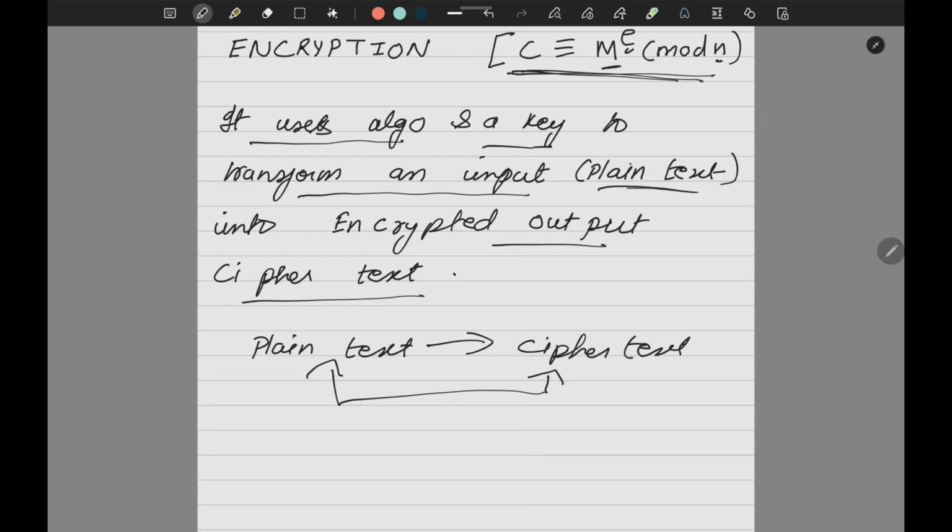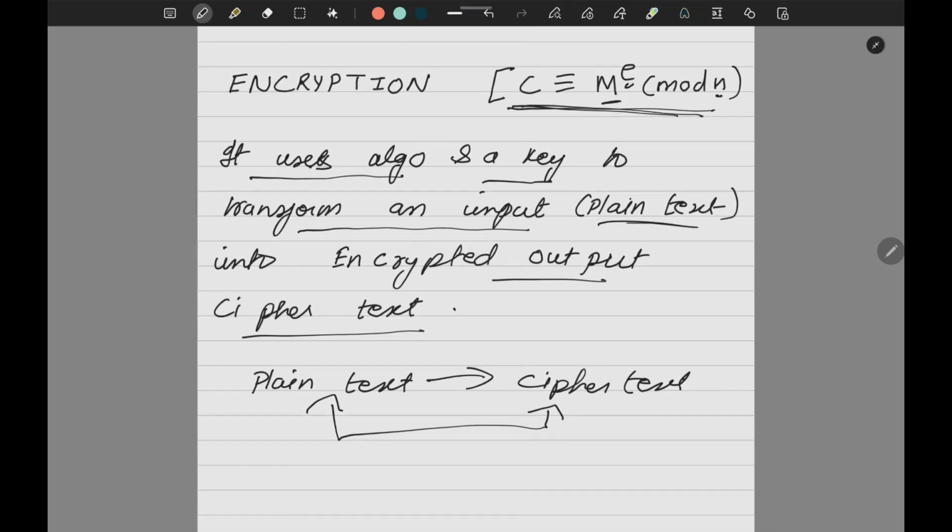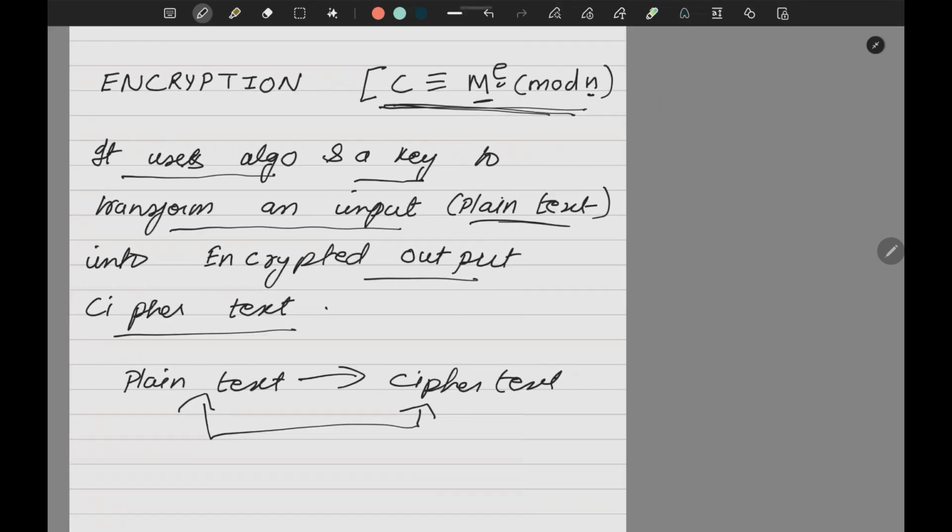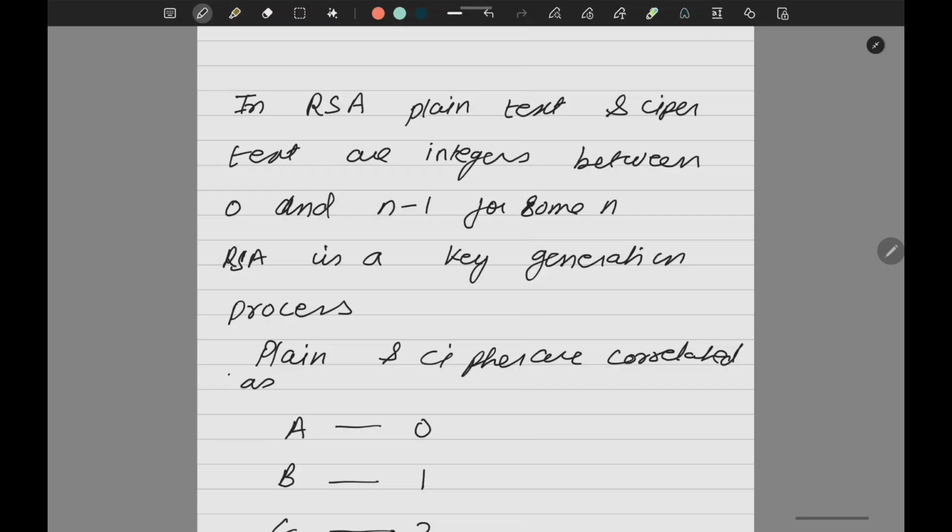Okay, this is the second point we understood. Now what is the third point? In RSA, plain text and ciphertext are integers. Plain text and ciphertext are both in terms of integers.